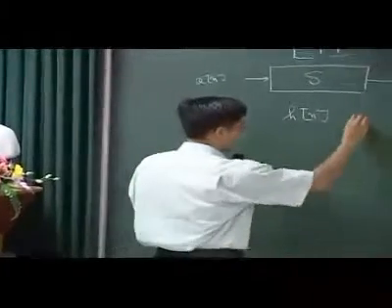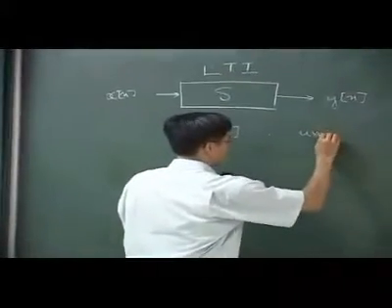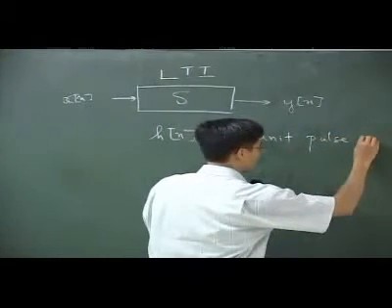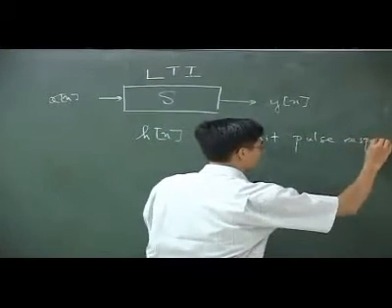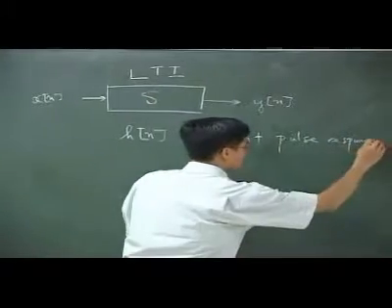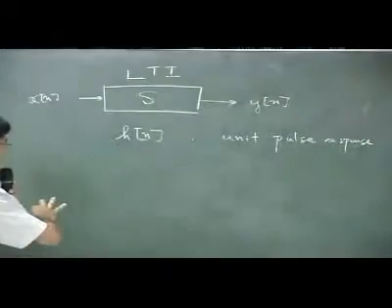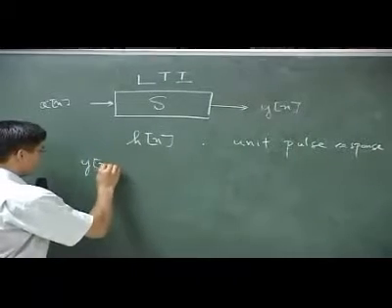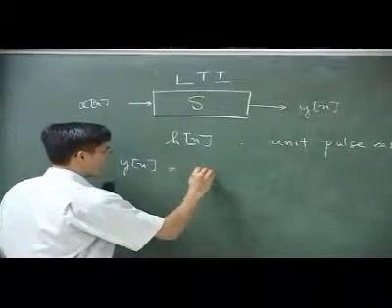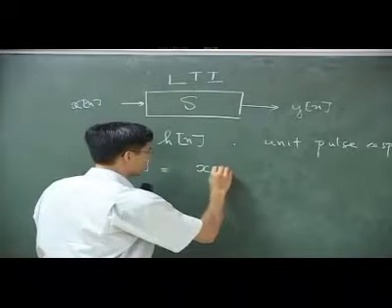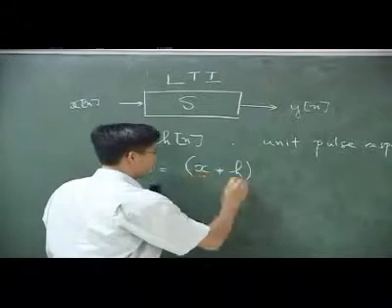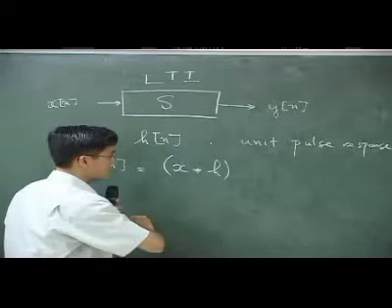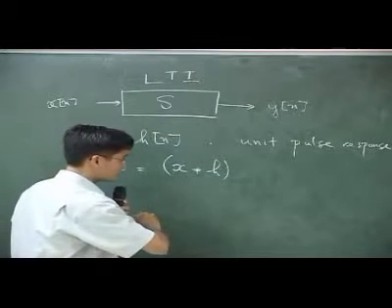So h[n] here is the unit pulse response of that system. And for any LTI system, the output simply equals the convolution of the input and the unit pulse response.